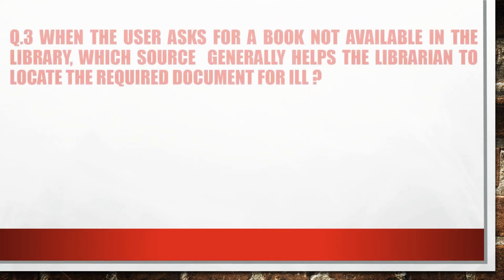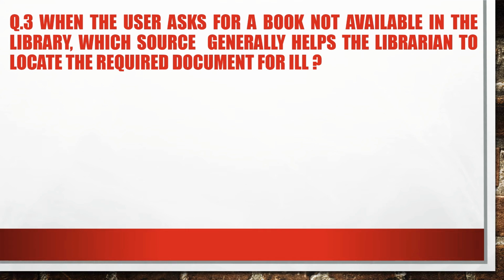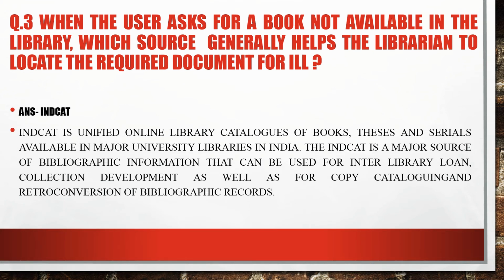Third question is, when the user asks for a book not available in the library, which source generally helps the librarian to locate the required document for ILL? Do you know what is ILL? ILL is none other than Interlibrary Loan. The answer is INTCAT. INTCAT is Unified Online Library Catalogs of books, theses and serials available in major university libraries in India.